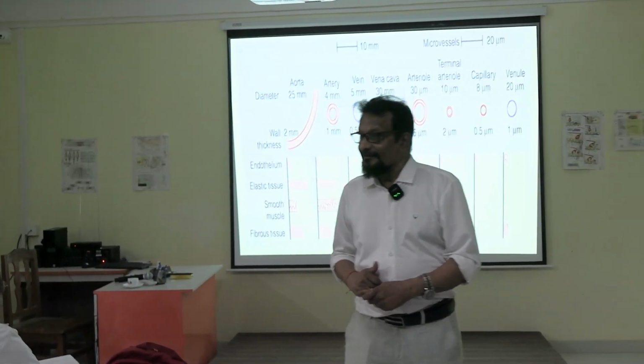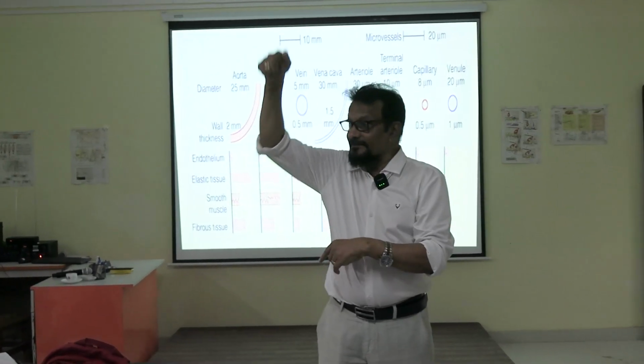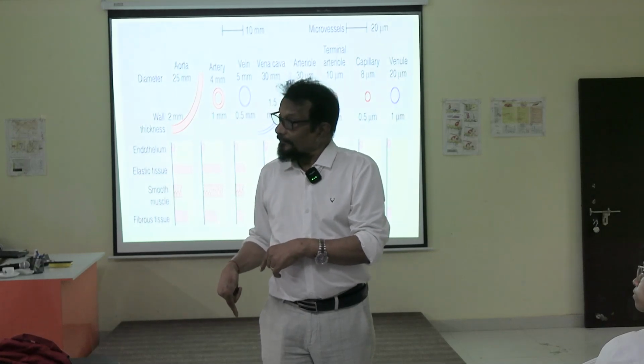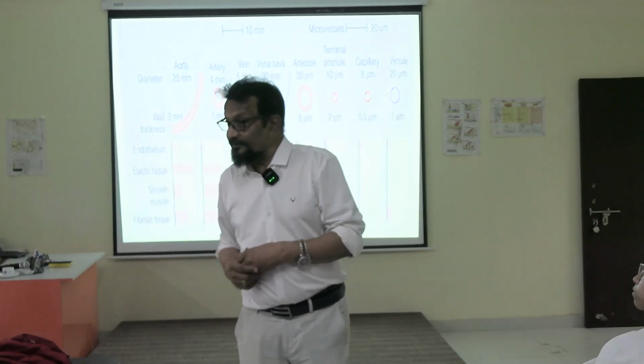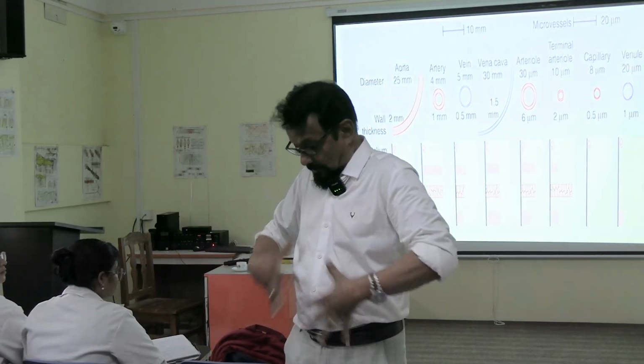Radiation: without any medium, heat can pass. Sunlight is coming; it is having heat. This sort of transmission of heat is called radiation. Your body, your face, your uncovered area, your body surface is also radiating some heat.